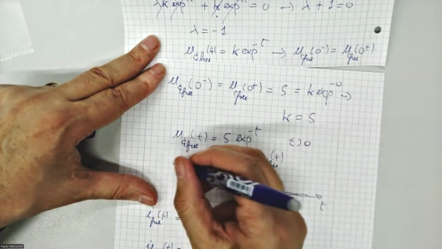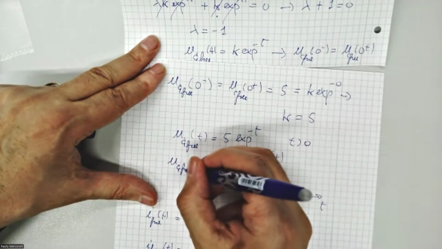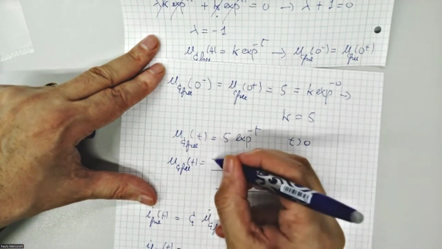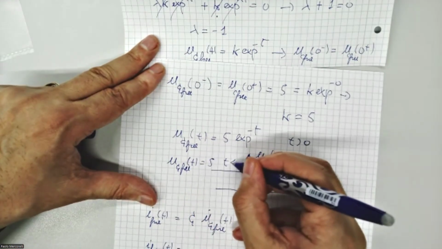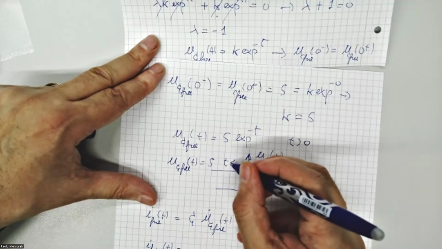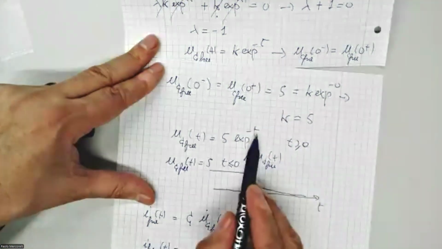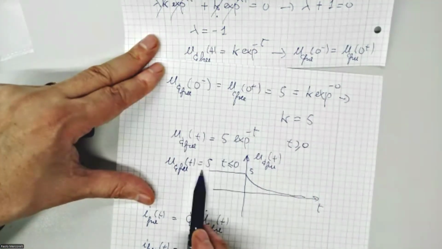And as we know, x free of t equals 5 for t less than or equal to 0, because we have seen that at time 0 we have a 5 as before.